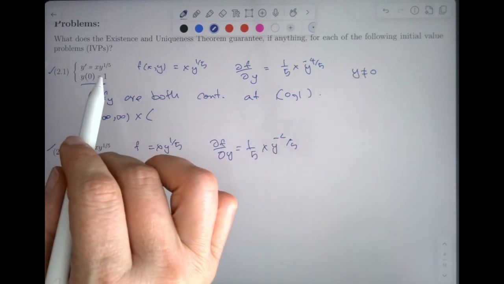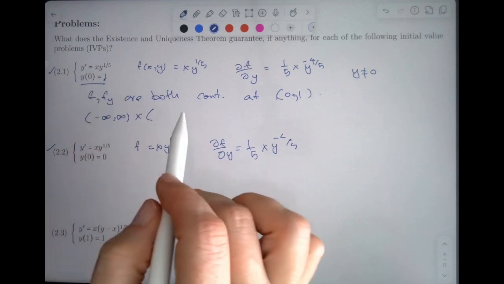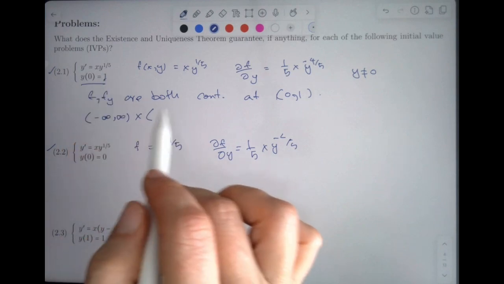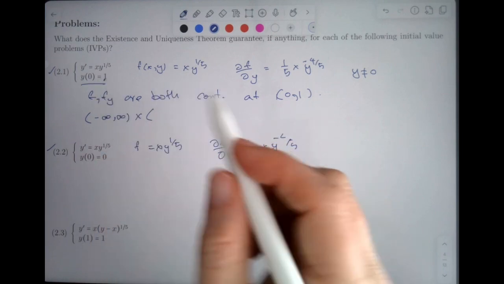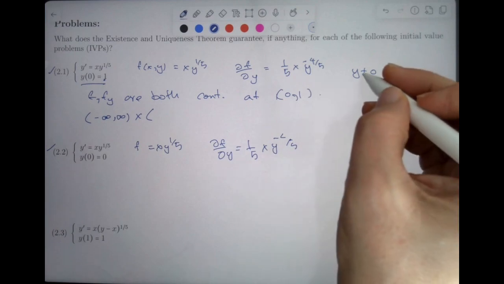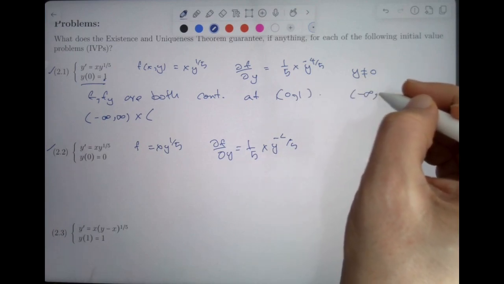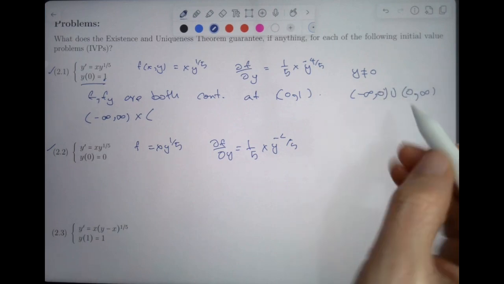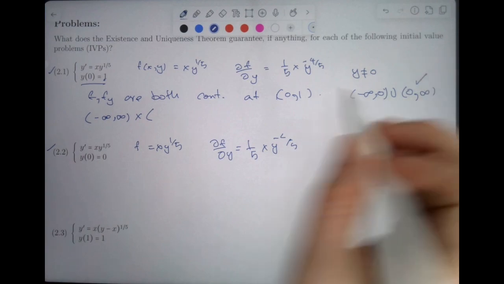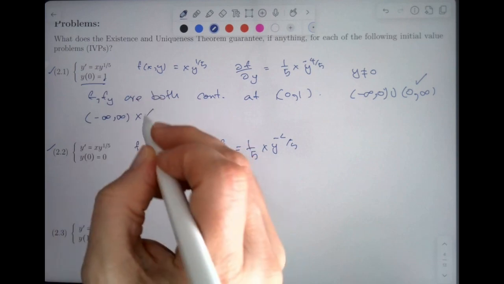And remember, when we're saying the rectangular neighborhood, we want the y value to be in there. Because y not equal to 0 means negative infinity to zero, union zero to infinity, I'm going to choose the one that contains one for the initial value.